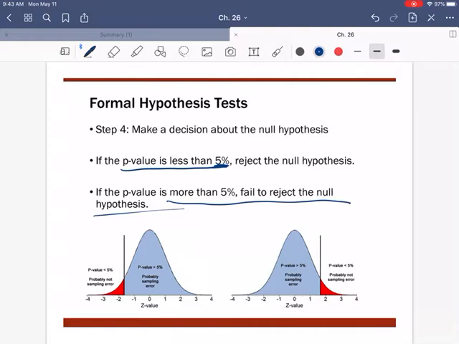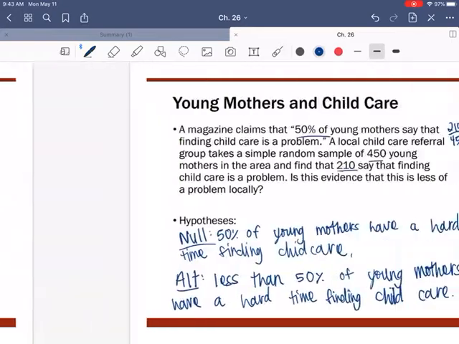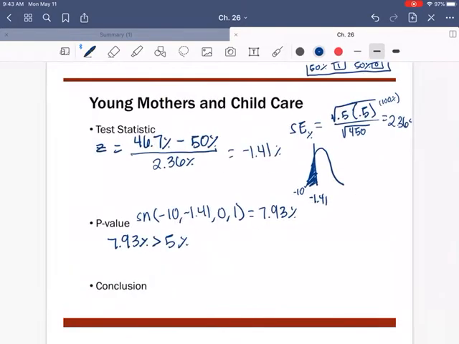So what that means is 46.7% is not significantly different enough from 50% that we think there's a difference between that local town versus the nation. So we will say we fail to reject the null.